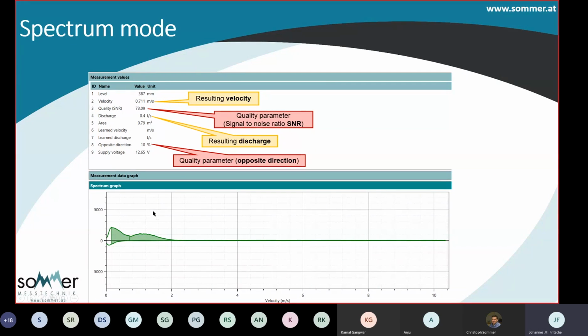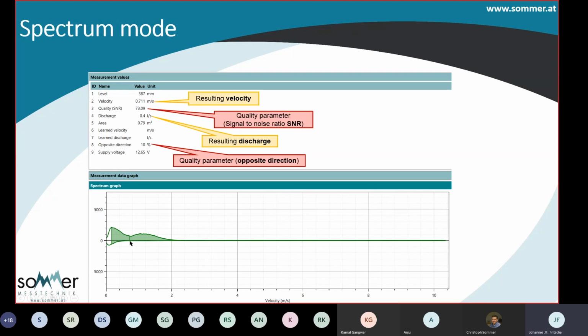And also another example of a problematic spectrum in this measurement, where we still have very good flow velocity and a very good signal to noise ratio, and also the opposite direction is quite good. But when we look at the spectrum, we see that we have two peaks in our spectrum. You see here the red green line that corresponds to 0.7 meters per second is in between these two peaks.